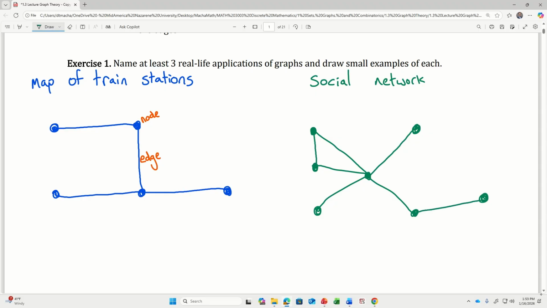This person only has 1 friend. Right? So maybe your social network looks like this, where every edge represents a friendship, and every node represents a friend. That could be a graph.